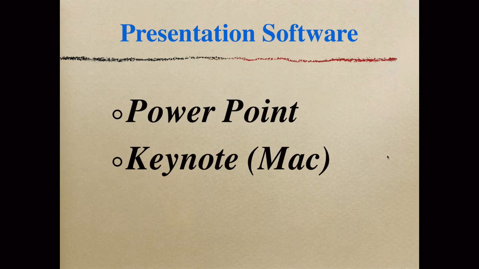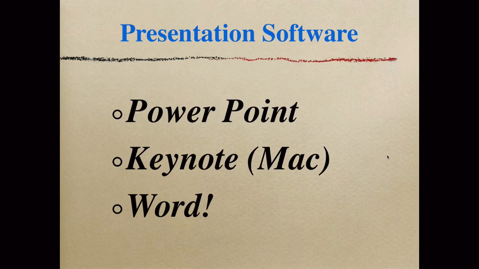But Keynote works on a Mac if you are Mac people. And I like Keynote better than PowerPoint, although PowerPoint has a few more interesting options. And if all else fails, you can always use Microsoft Word or WordPerfect. They still have WordPerfect? I hardly do any word processing anymore. Or Pages, which is the Mac equivalent to that.